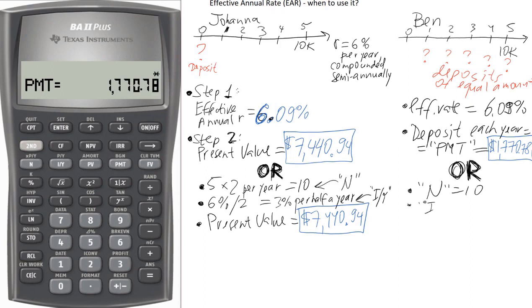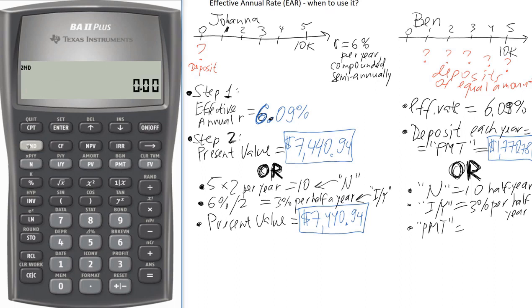It's as if the interest rate every half a year is 3%, right, per half a year. So 10 sort of half years, if that word exists. And then we want to calculate the PMT, right, the deposit amount. So let's do it in the calculator and see if it works.